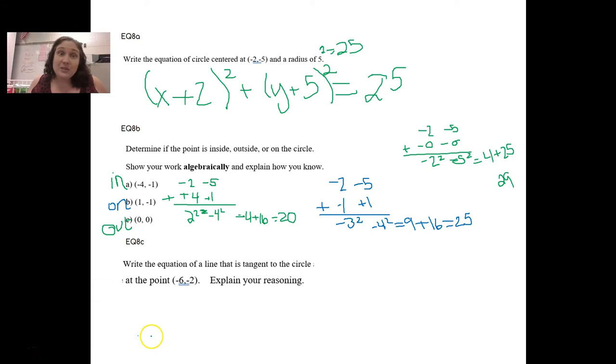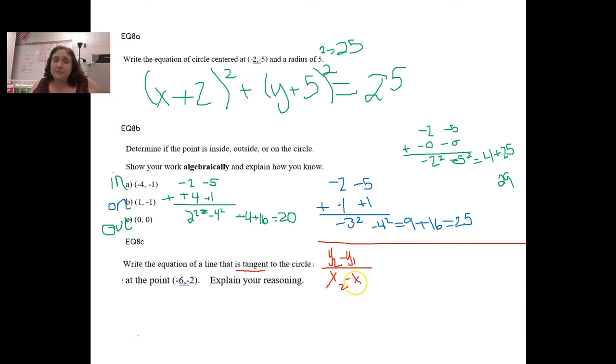Okay, last one. Write the equation of a line that is tangent to the circle at those values. Tangent, we know we're going to have to do the opposite reciprocal. So first thing we're going to do is slope. You find slope by doing y2 minus y1 divided by x2 minus x1.